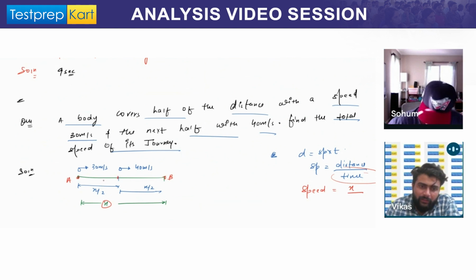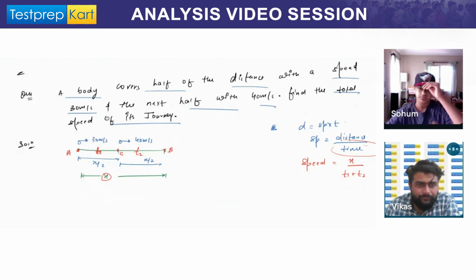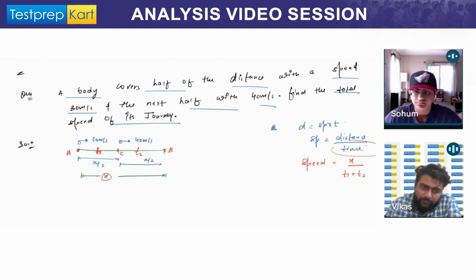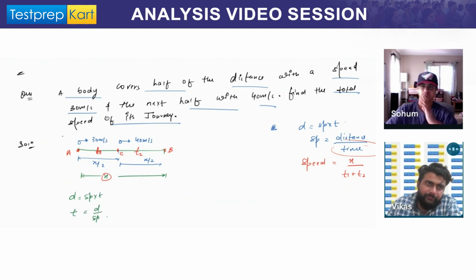From A to C, let the time spent by the body in moving be T1, and from C to B, T2. So I will add it as T1 plus T2. Using the same formula, time becomes distance by speed.